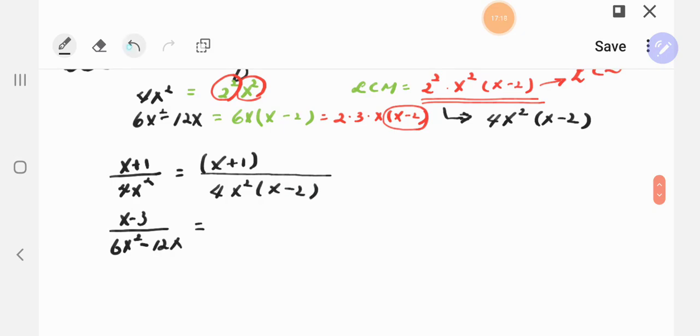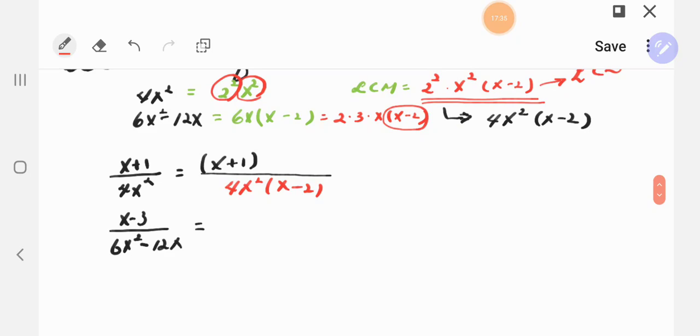But there is a problem. Let me rewrite this with a different color. Now what we did is we just replaced the denominator with the LCD.